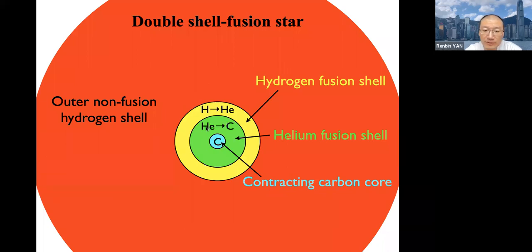You have helium fusing into carbon around it, and then hydrogen fusing into helium around that. So you have one contracting core with 2 fusion shells. We call this a double shell fusion star.